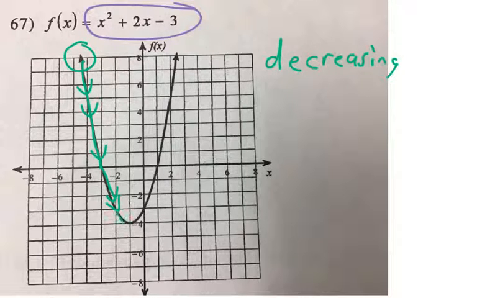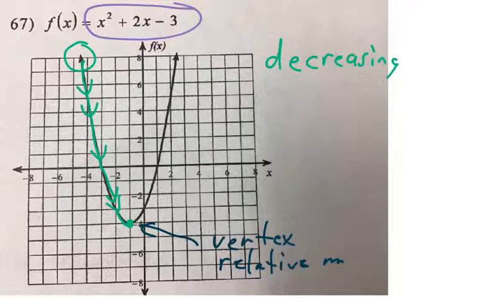And notice again, it reaches the bottom here. Since it's a parabola, we would also call that our vertex. Remember that? And that vertex, we would again call it our relative, in this case, minimum, since it's a bottom peak, right? So let me make sure I spell decently there. So relative minimum value. Okay, those are M's there, guys.